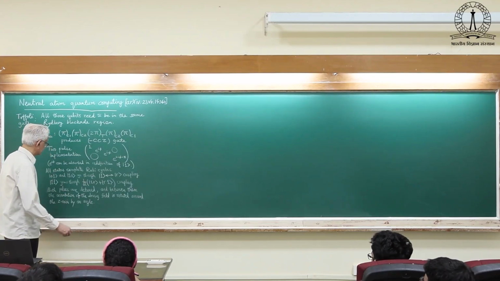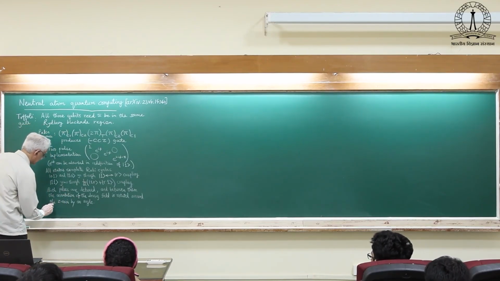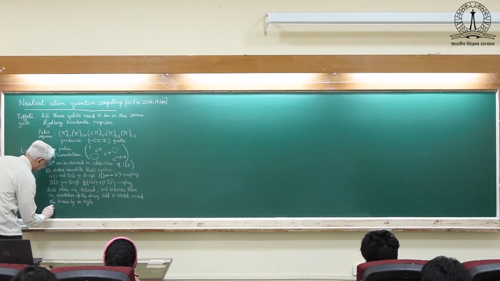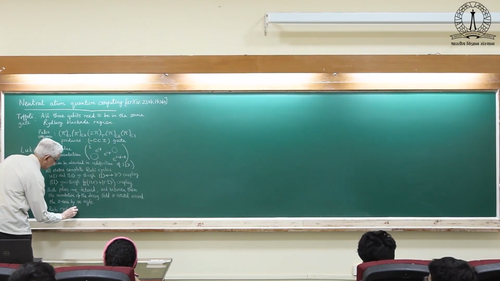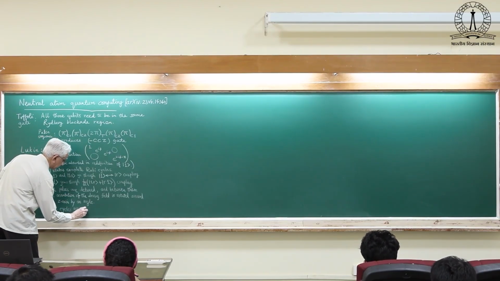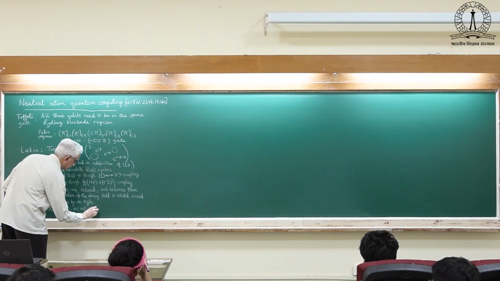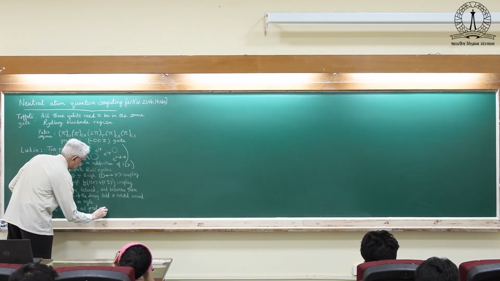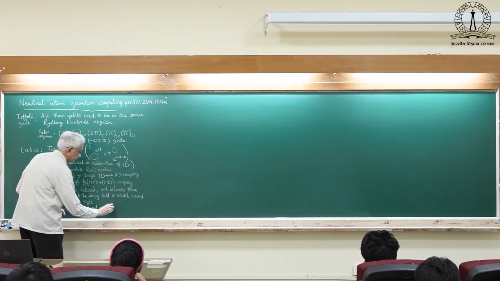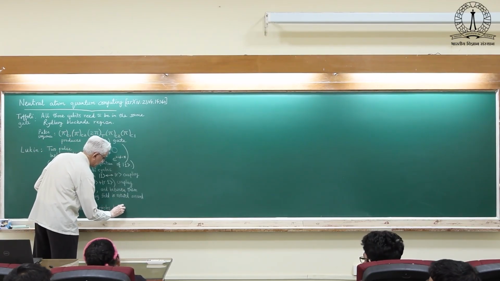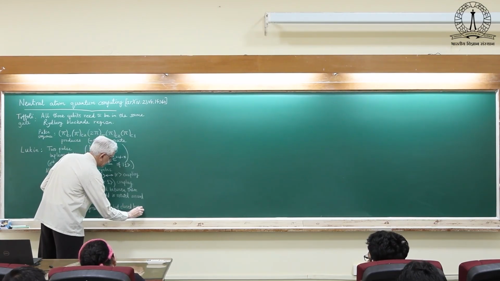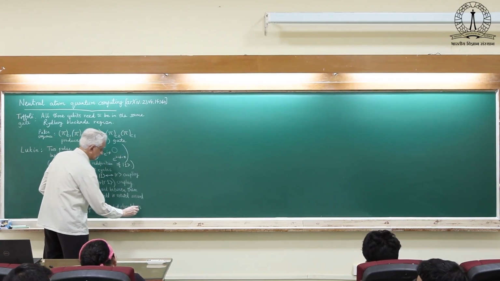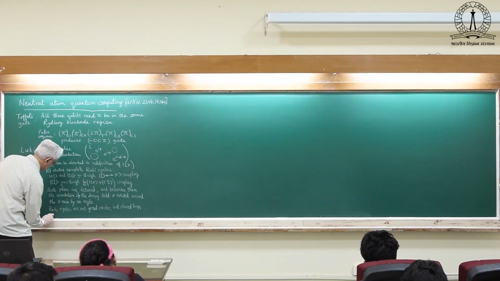So the result is that the Rabi cycles, whatever it is, are not great circles, but closed loops on the Bloch sphere.